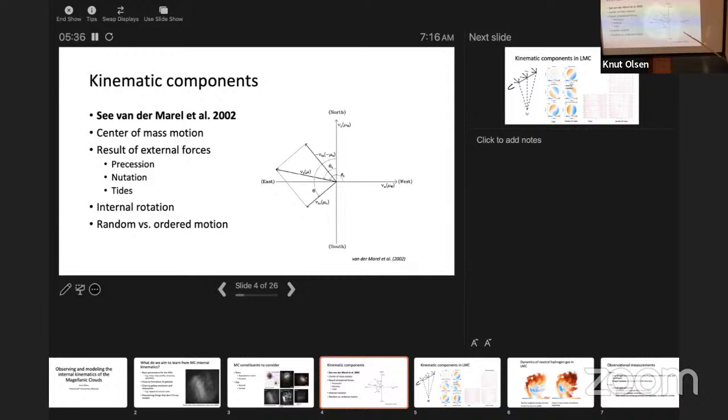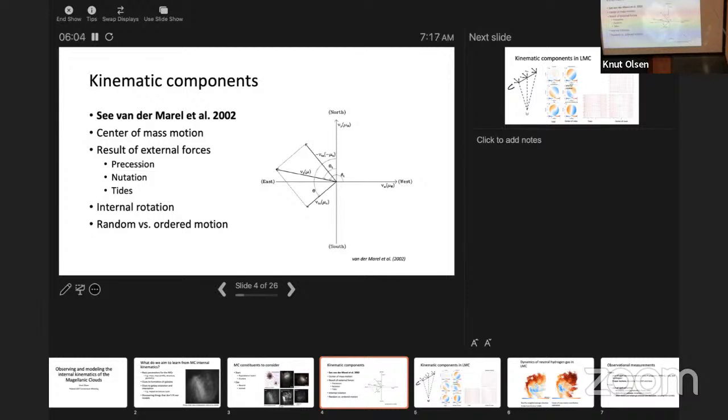So things that are important to consider are the motion of the center of mass, the results of external forces, which can produce precession, nutation, and also tides on the galaxies. The internal rotation, which is often the thing that we're particularly interested in because it leads to the mass and the mass profile. And also random versus ordered motion.